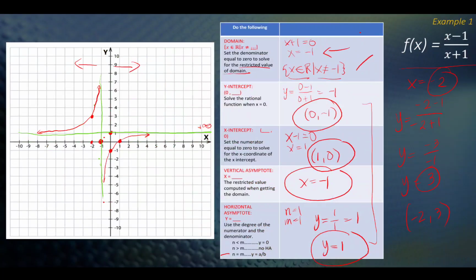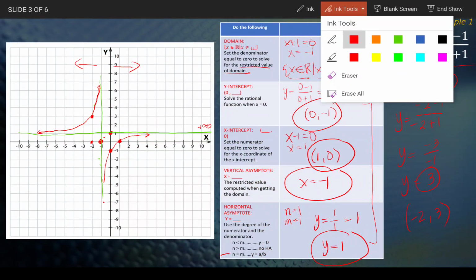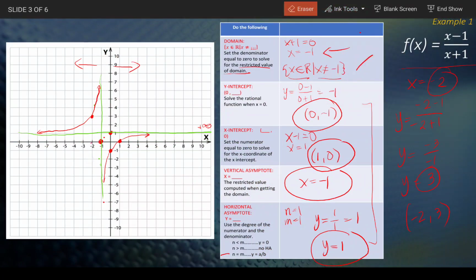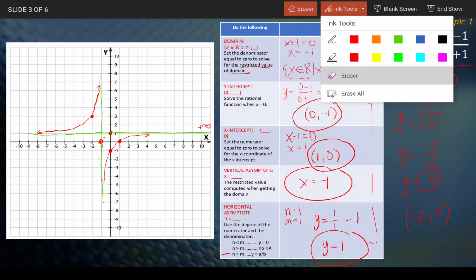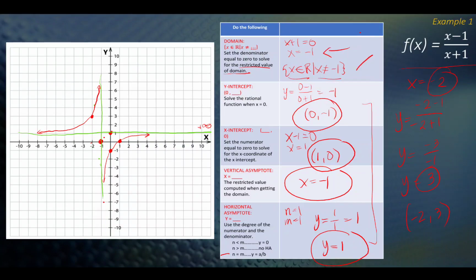We now have the graph of the rational function f of x equals x minus 1 over x plus 1. Let's now proceed to our second example. What's important there is that we can see the graph is extending to negative infinity and positive infinity.